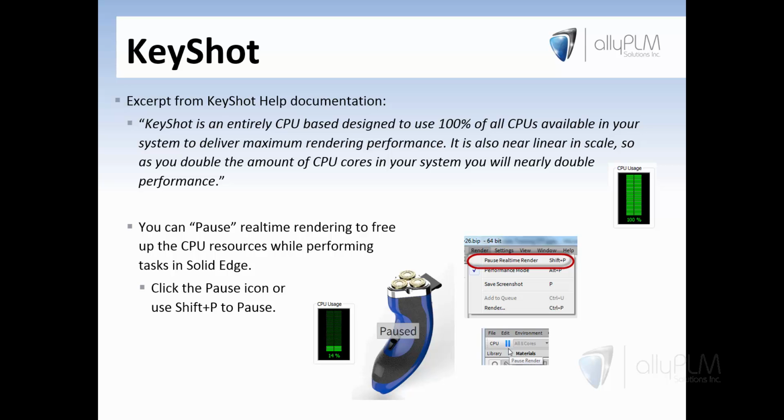We can pause real-time rendering to free up those CPU resources while performing tasks inside of Solid Edge. There's a couple different ways we can do this. We can either click the pause icon inside of KeyShot, or we can do Shift P on the keyboard to pause it. And when we do this, it'll completely free up all of our CPU resources for other programs.